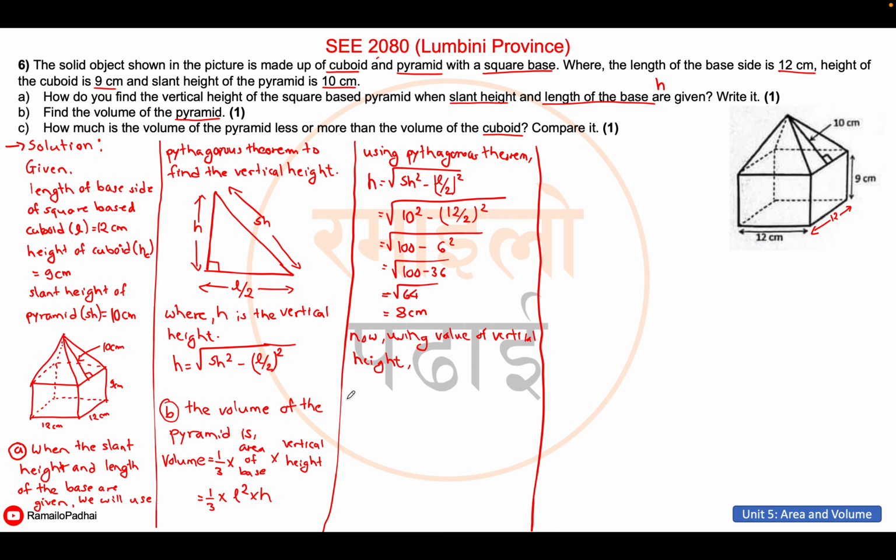So now using the value of vertical height, volume is equal to 1 upon 3. We have L equal to 12, so 12 square times H equal to 8. So this will give us volume of how much?